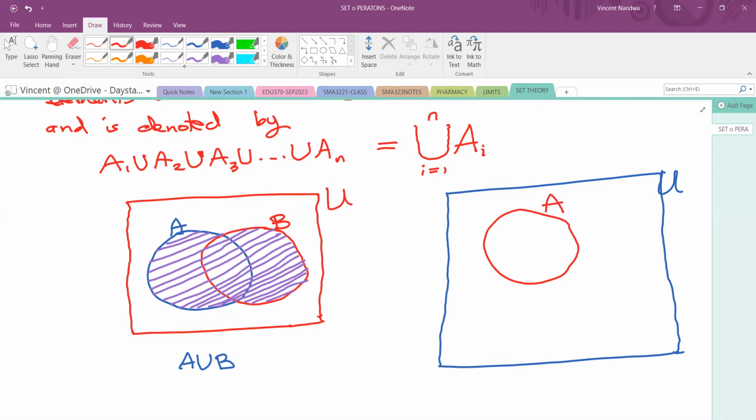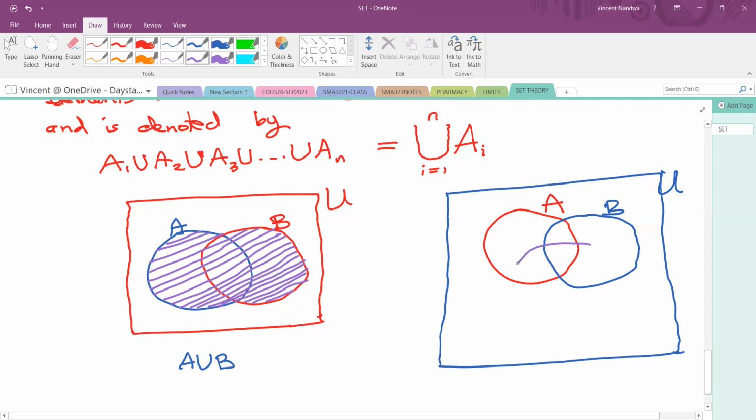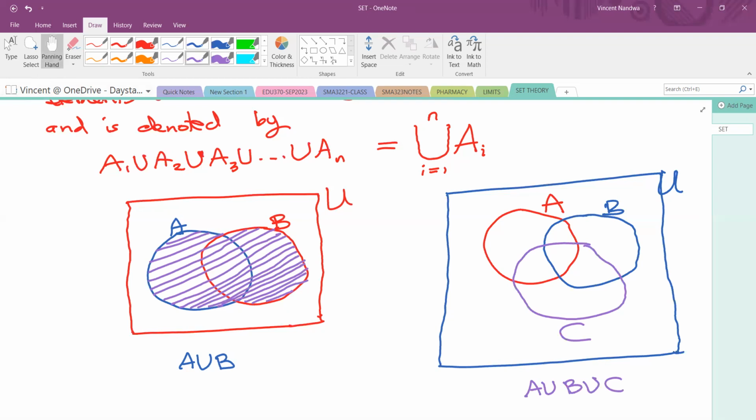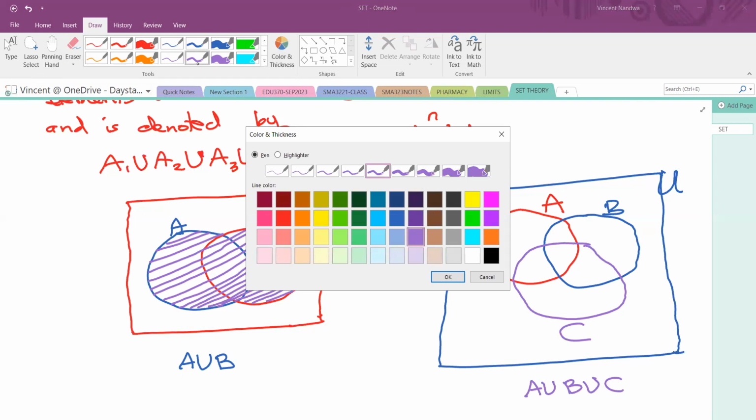So let this be A. Let this be B. And let this be C. So A union B union C will mean that you are either in the red circle, or you are in the blue circle, or you are in the purple circle.